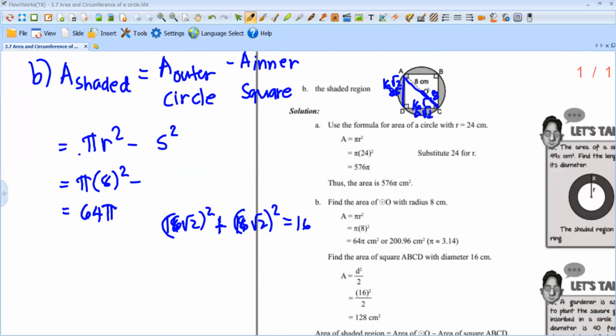But the square has its diagonal. So if I will see this, given this one, this is a right triangle, right? So if that is a right triangle, let us see.